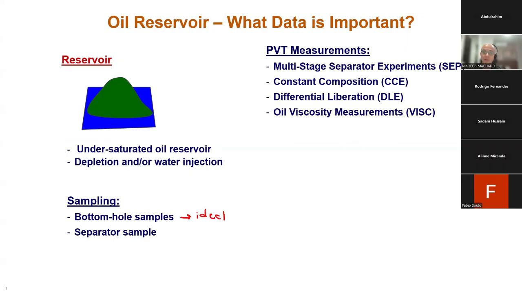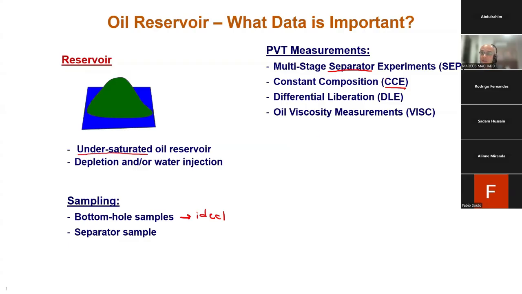And you need to sample an amount of the fluid and carry out several experiments in the lab. So the separator, as I mentioned, is very relevant. The CCE is very relevant because it's part of our strategy to operate over the saturation pressure, in other words, to operate in the undersaturated range.